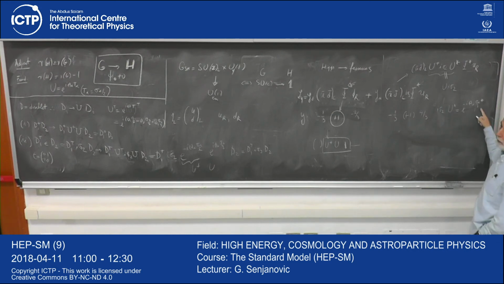Sigma 2 commutes with sigma 2. So here this is e to the minus I theta 1 sigma 1 over 2 minus theta 2 sigma 2 over 2 plus theta 3 sigma 3 over 2.